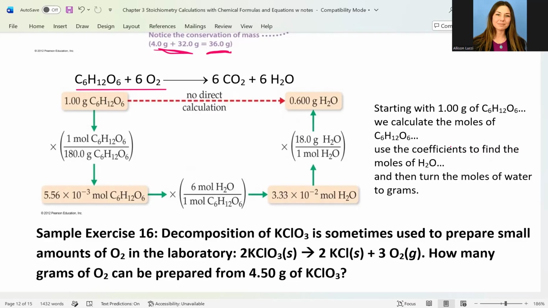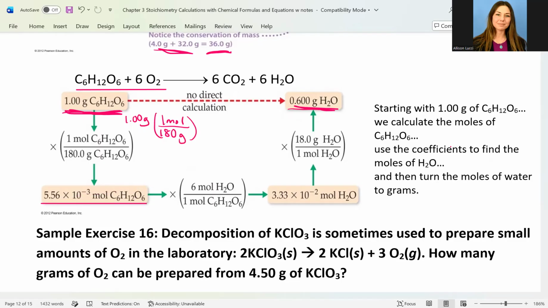So we can't directly calculate, if we start with 1 gram of glucose here, how many grams of water we can produce. So we have to use this kind of roundabout calculation here and say, if I'm given 1.00 gram of glucose, if I divide by the molar mass of glucose, which is about 180, that will get me to how many moles I have.